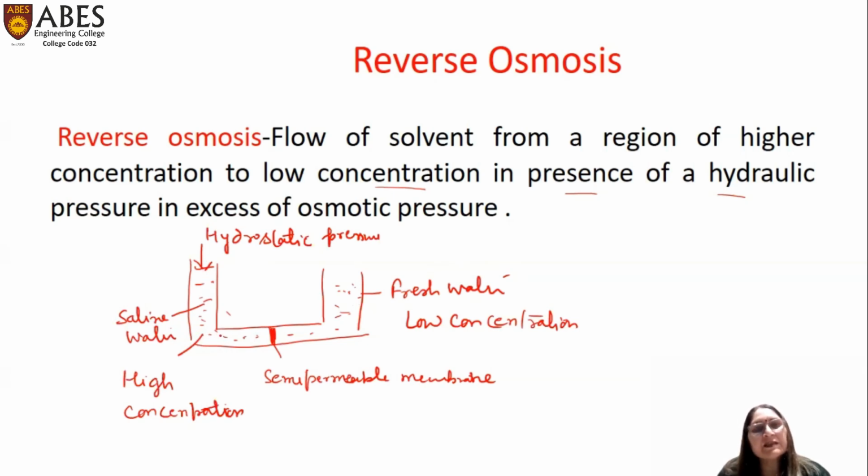Flow of solvent gets reversed, high concentration to low concentration. This is the direction, or you can say flow of solvent. Saline to fresh water, high concentration to low concentration. That is called as reverse osmosis.